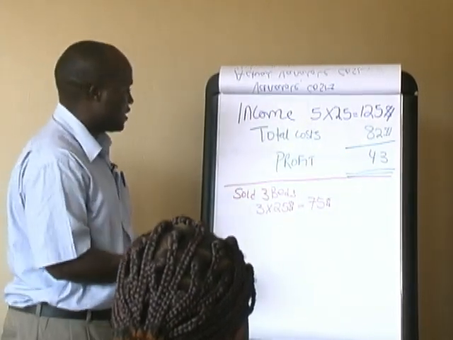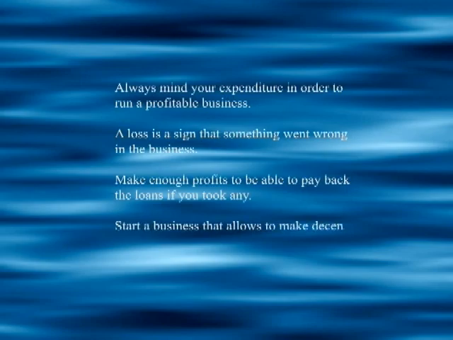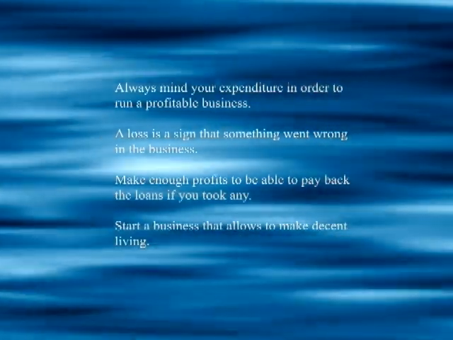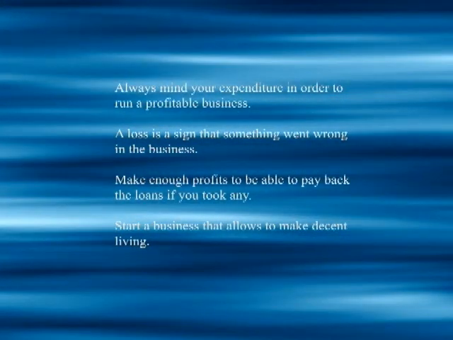His costs would still be, as we've seen, $82, so you'll find that he has a loss. A loss is a negative. If you do the figures, you find that he would have a loss of $7. He would be making a loss of $7.